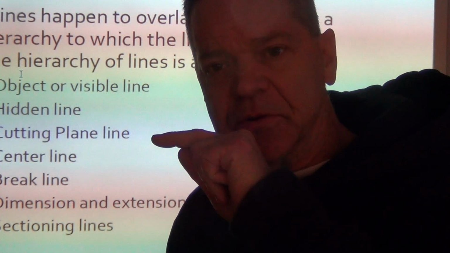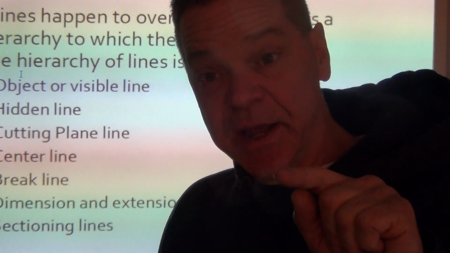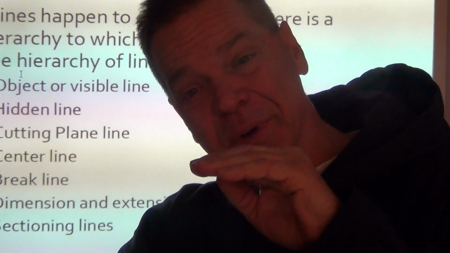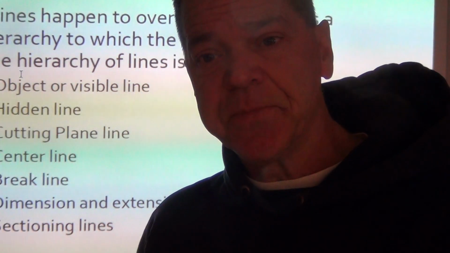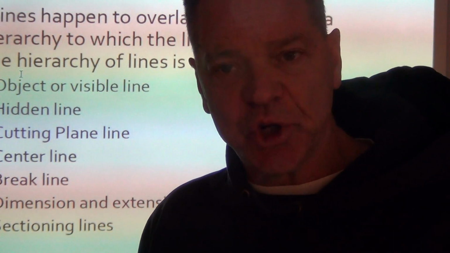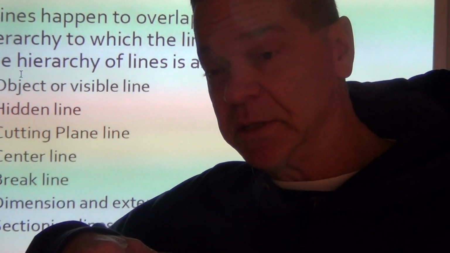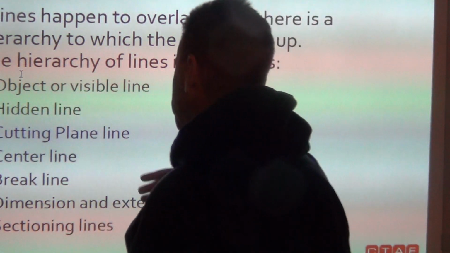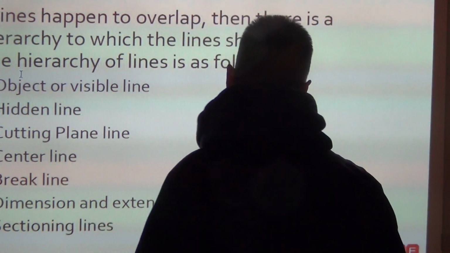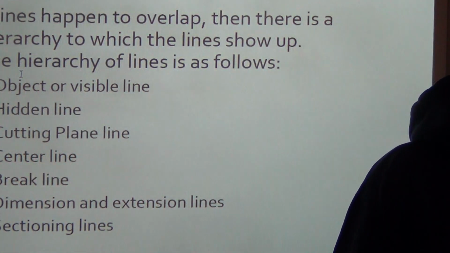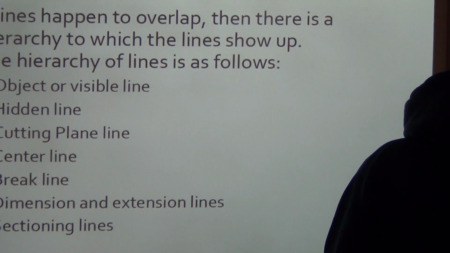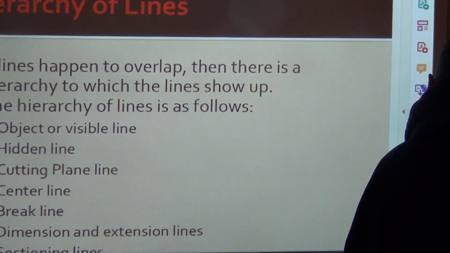Like this line here is visible as an edge of the object, but there's also a hidden line behind it from some other thing. Well, the hidden line just doesn't show. If the object line is there, it takes precedence over the hidden line, right? And so on like that. This isn't really a big deal. Most of the time, this is pretty intuitive. Okay, and that's it for the presentation.